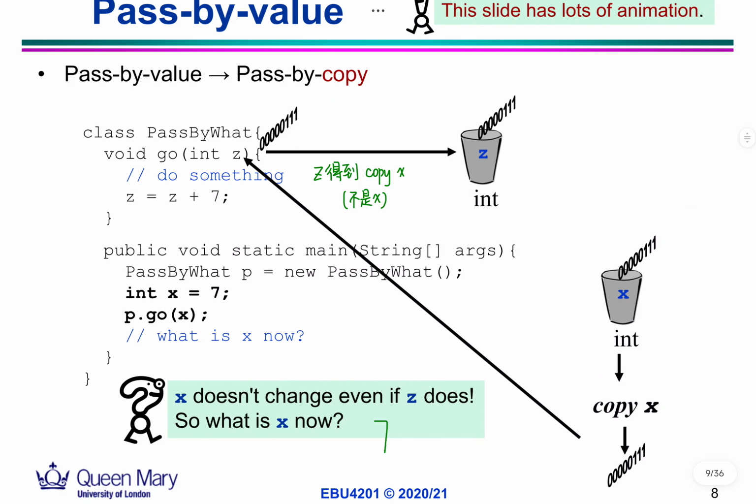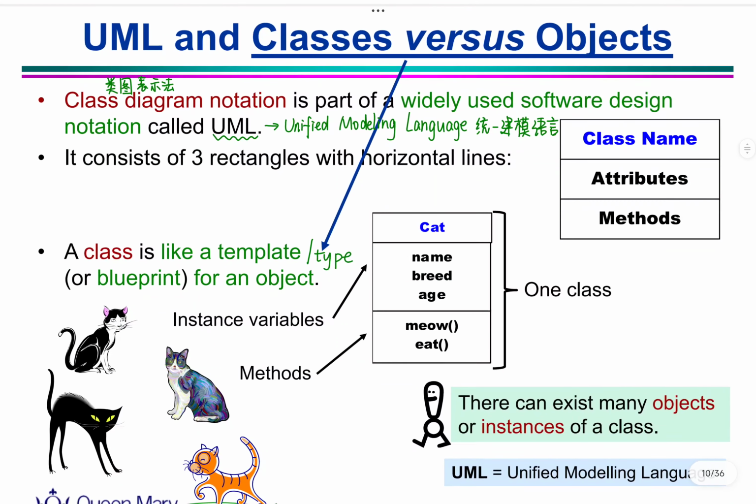Because this is just the workflow: this is the argument, but when we declare the int out of the method, pass by reference. If the variable is out of the class, it's just like a reference variable.